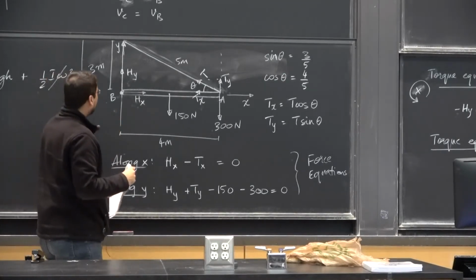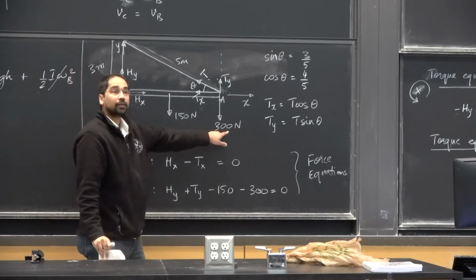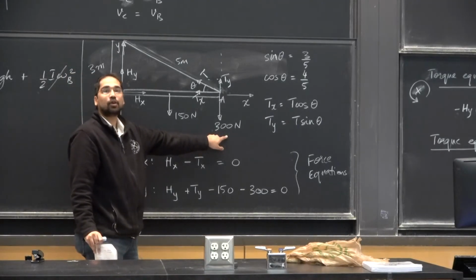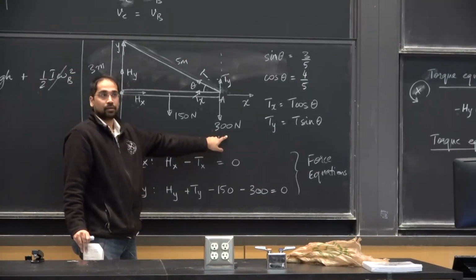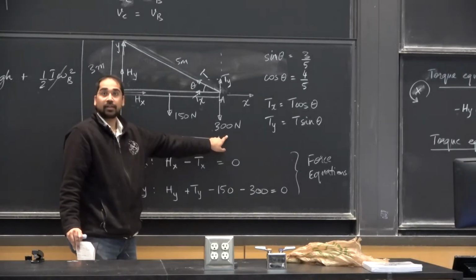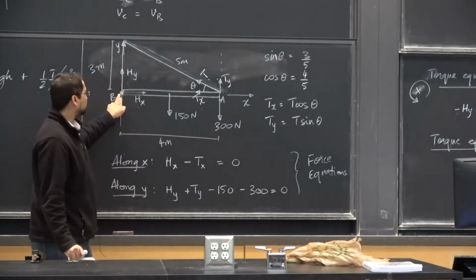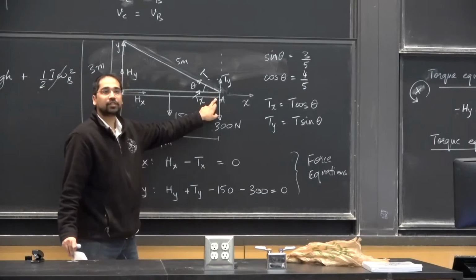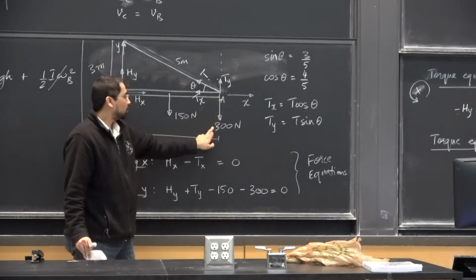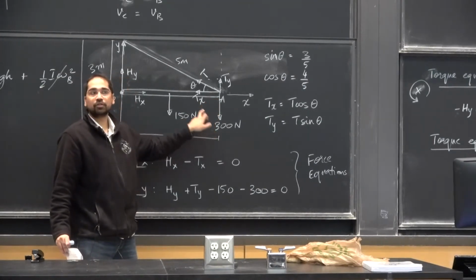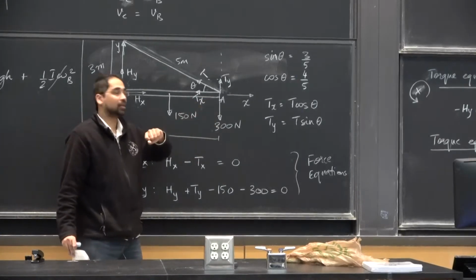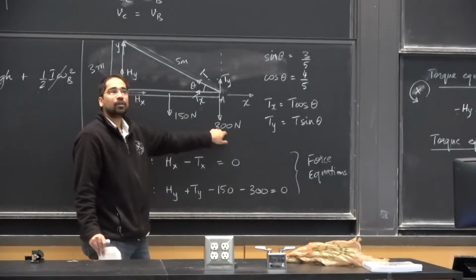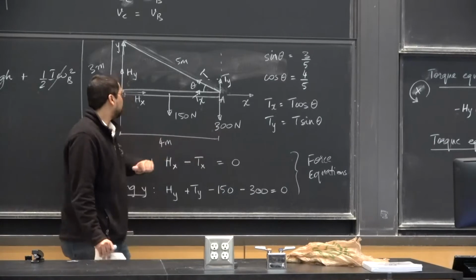What about the 300 Newton weight? Is there a torque from this? Yes, right, because measure the distance from B to the point where the force acts. And you see the 300 Newton force is perpendicular to it. The force is non-zero and the force is perpendicular to that distance. So there is a torque from this 300 Newtons which is hanging with it.